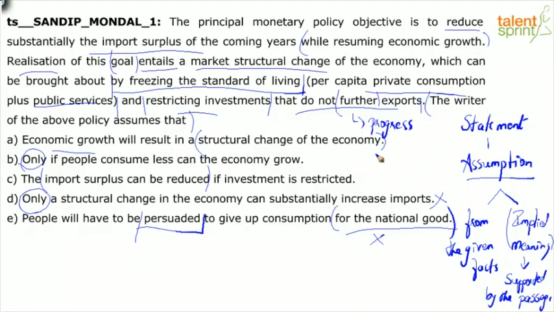Like I said again, restricting investments is definitely going to bring a structural change, indirect. That is also true. I am going to look at A and C. Give me a second. I'm falling back on the passage because whatever assumptions we draw has to be based on the passage.